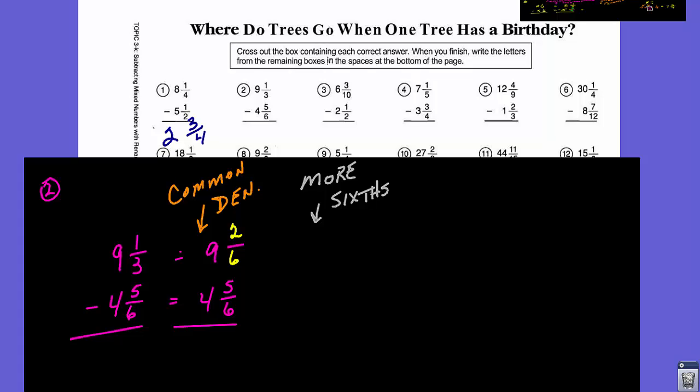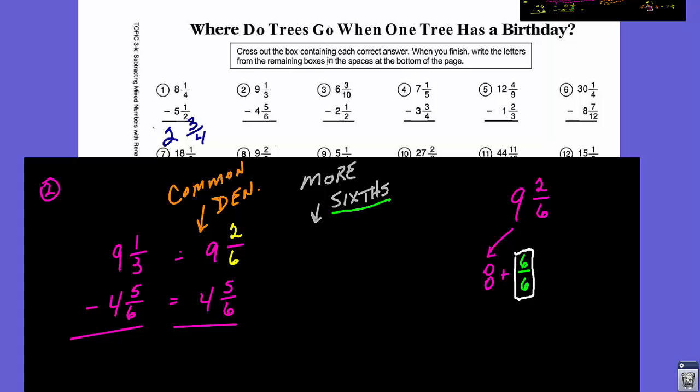So to do that, I am going to take my 9 2/6, and I'm going to split up the 9, and I'm going to make it 8 plus 1. Here's how I'm going to show my 1. 8 plus 1. That 1 I am going to show as 6/6 because I need more 6ths.